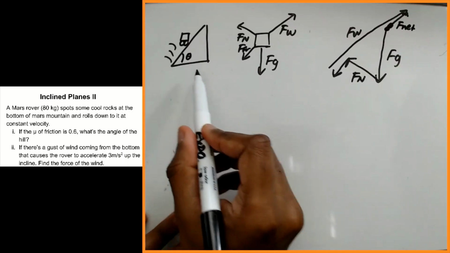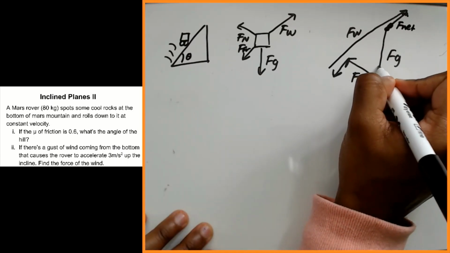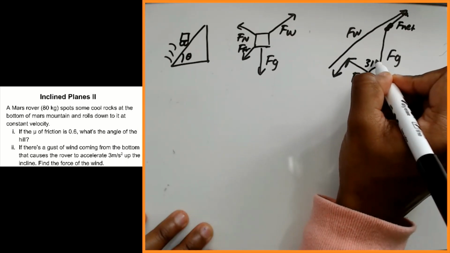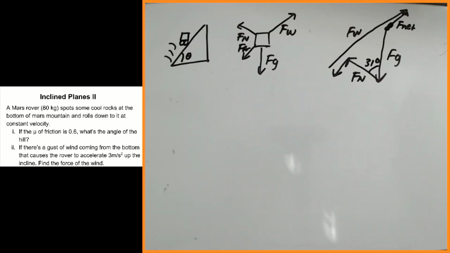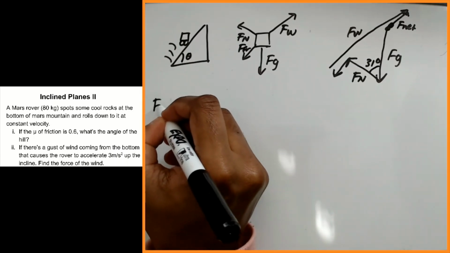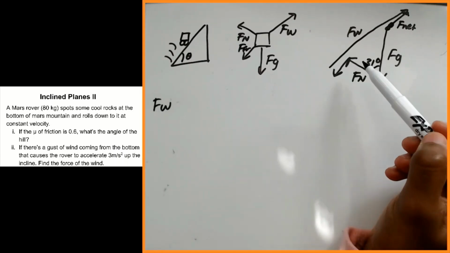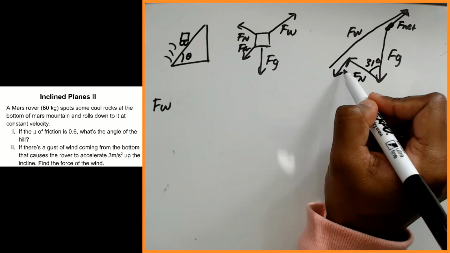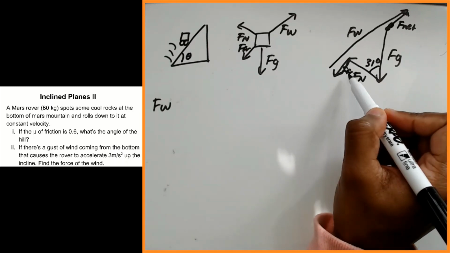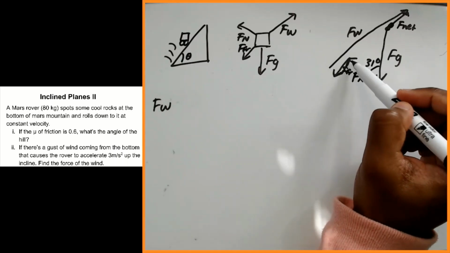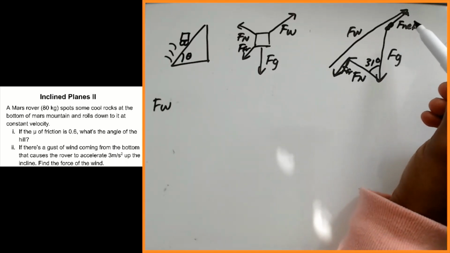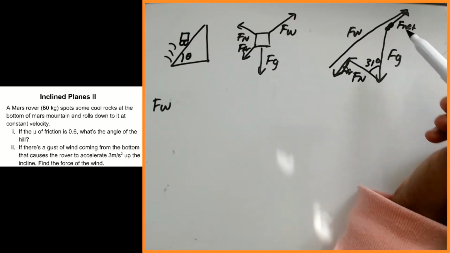And we solved the angle from the last question, so this is equal to 31 degrees over here. So the setup is slightly different. All right, so let's start solving for Fw. So if you look at Fw, what it's equal to is it's made up of this vector here, the friction vector, this middle section here of the triangle, and the Fnet vector over here.